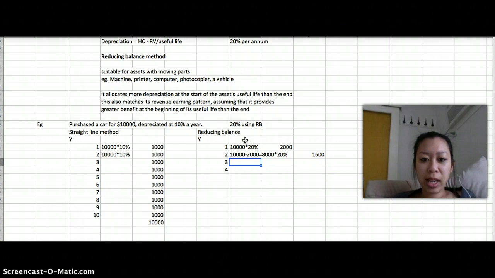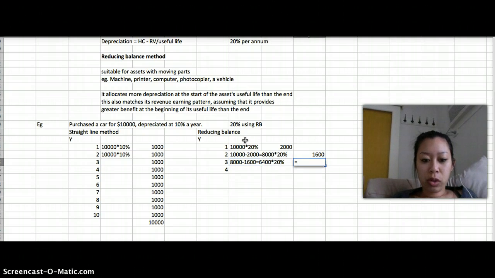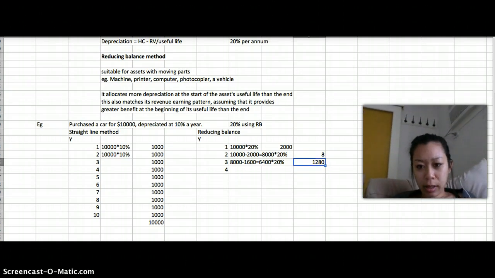So in the third year, you'll be 8,000 minus the 1,600 you depreciated the previous year, which gives you 6,400 times by 20%, which then gives you $1,280.